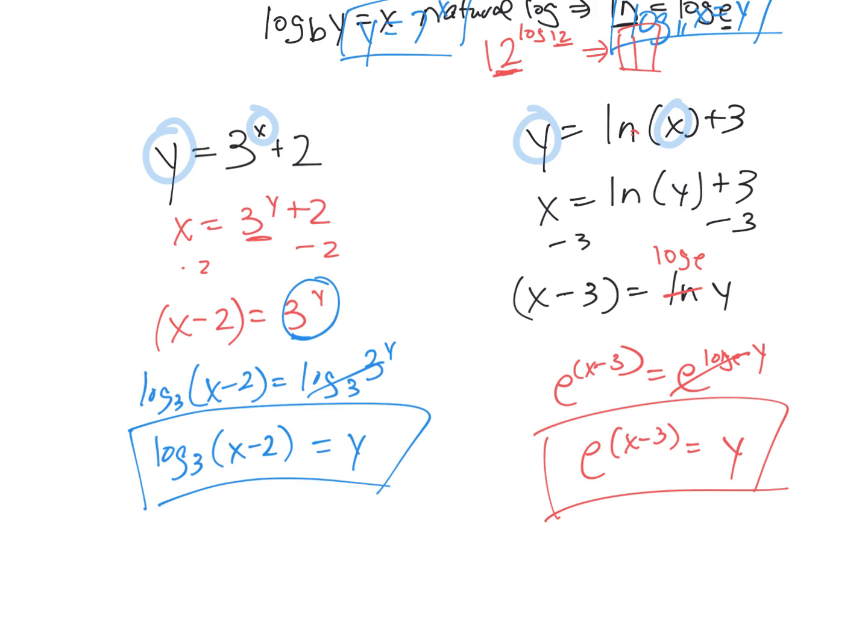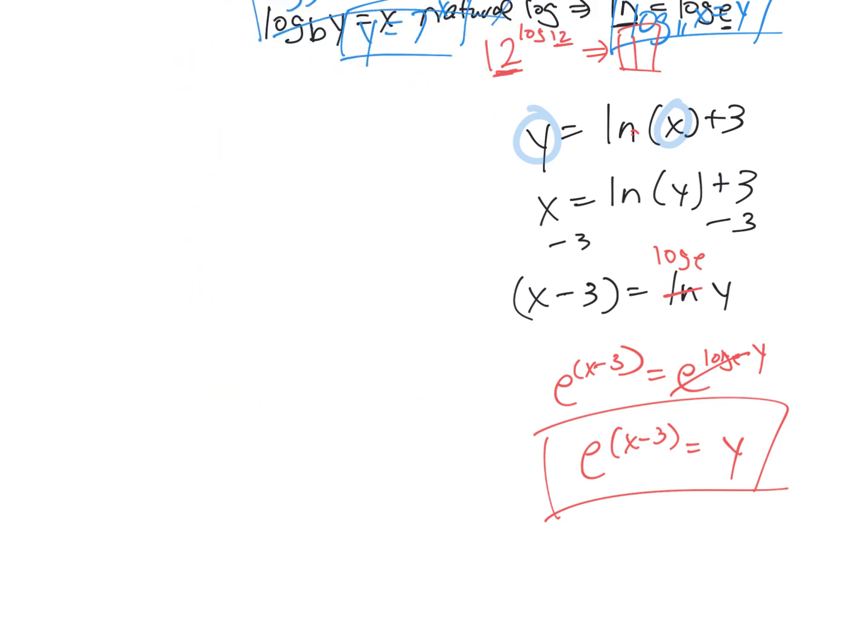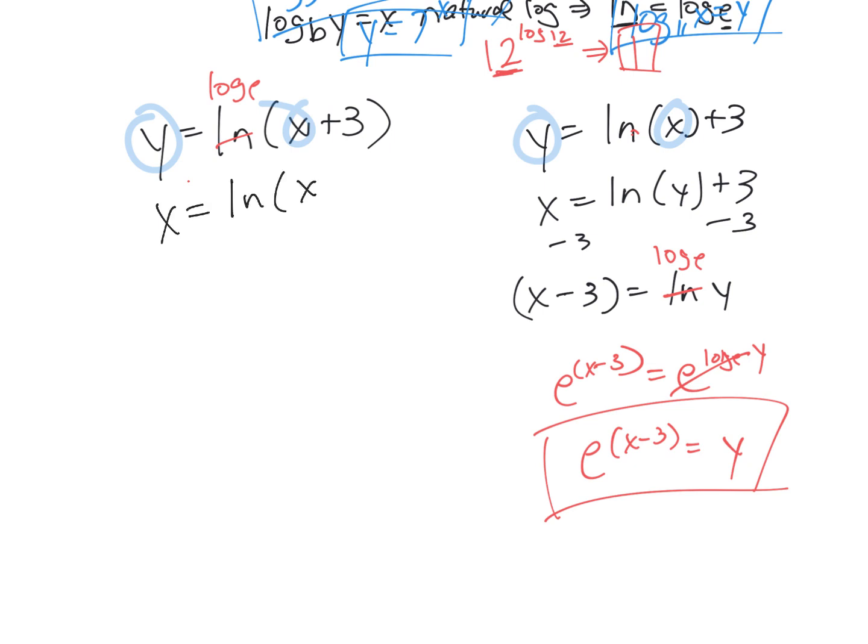Now I'm going to leave that one over here, and I'm going to move this. But I'm going to do one where the parentheses are different. So I have y equals the natural log of x plus 3. We're going to change my parentheses around. I'm not going to subtract the 3 on this. Now I've isolated this. So remember, this is log base e. I'm going to flip my x and my y before I forget that. So we're going to say x equals log base e, so natural log of y plus 3.